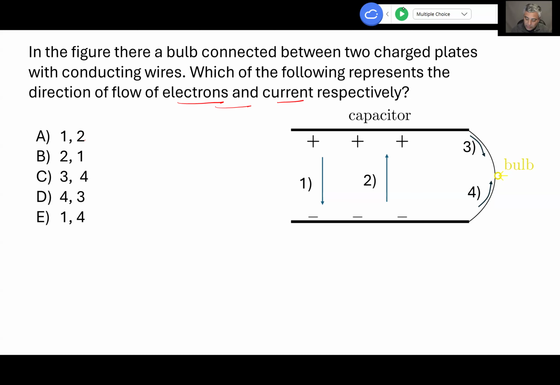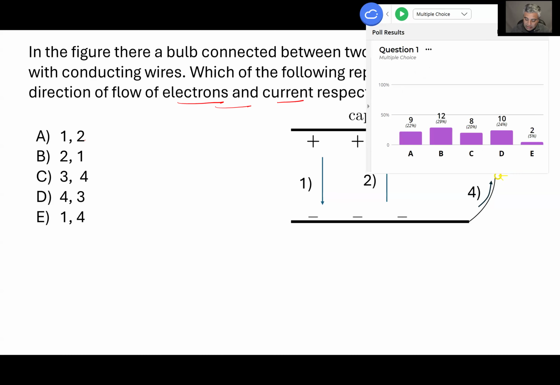Okay, let's see what we got. Oh, we have a lot of these. A lot of confusion. More confusion than I thought it would be.